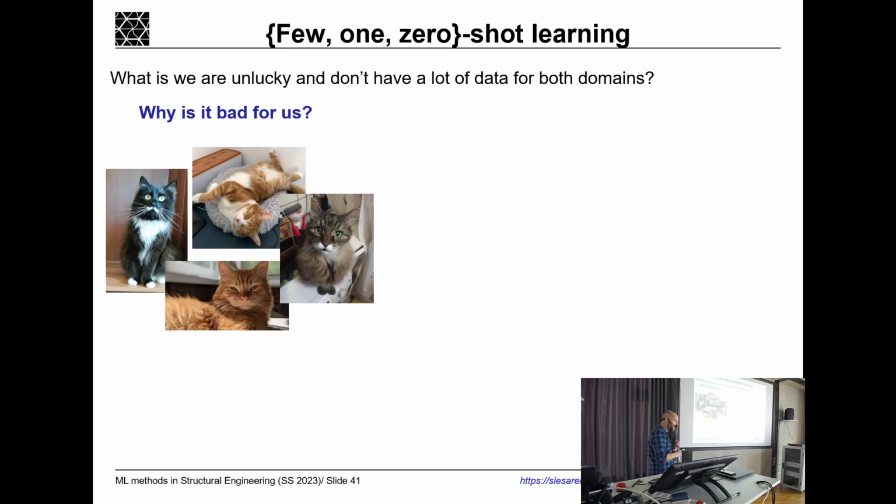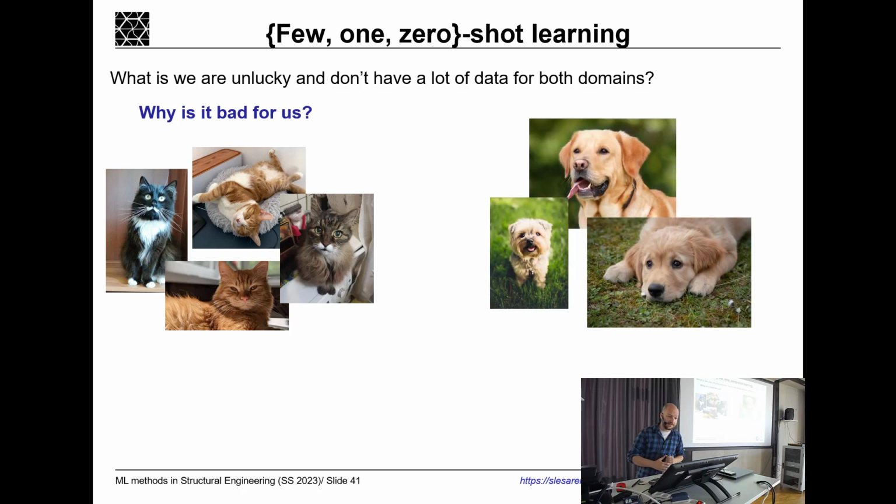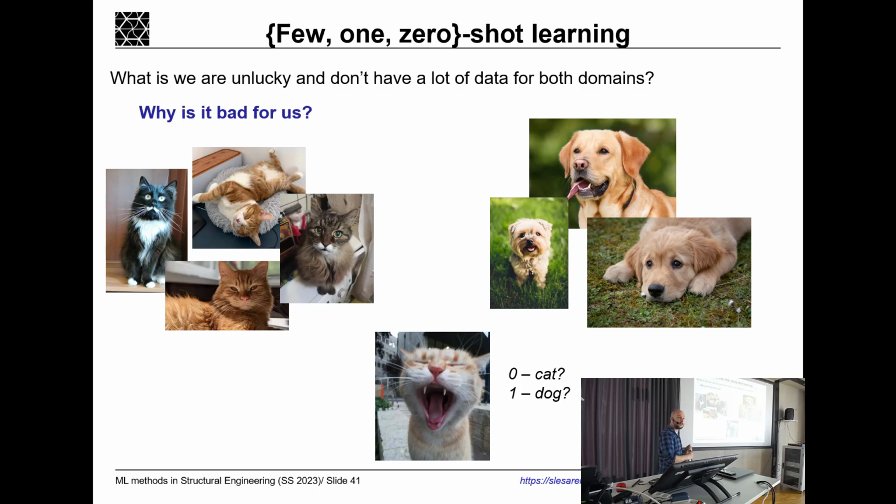So let's say we have 10 images of cats, and some images of dogs. Now I have another image, and I'm asking, not you in this case, but the neural network, if it's a cat or dog. Of course, we cannot really train our classical CNN models. But there is a very neat trick.